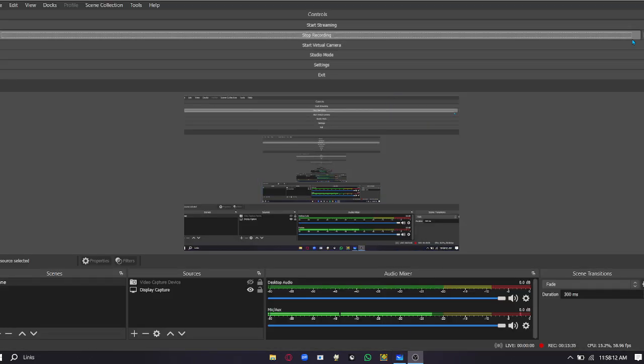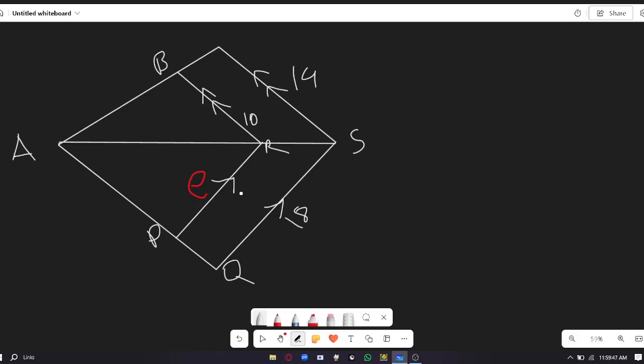Let me just do the diagram. This straight line here, I'll just draw it and then show it to you. It takes some time. Okay, this is the triangle. So let's solve this. Now, if you think about it, you can break this down as two triangles.